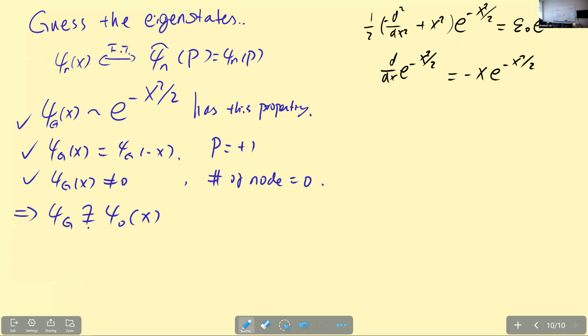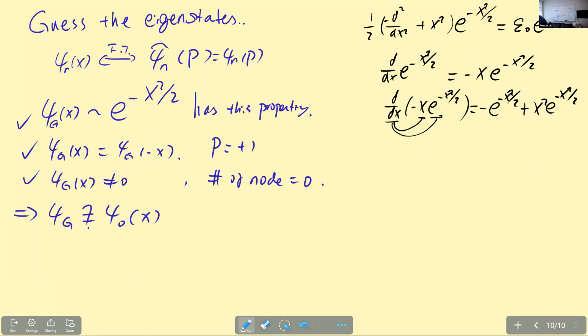And do this twice, so you differentiate once more. Of course this can act on this factor or on that factor, so that gives you two terms. The first one is minus e to the minus x squared over 2, and the second term is plus x squared e to the minus x squared over 2.